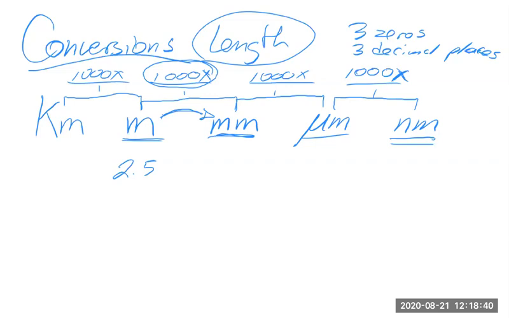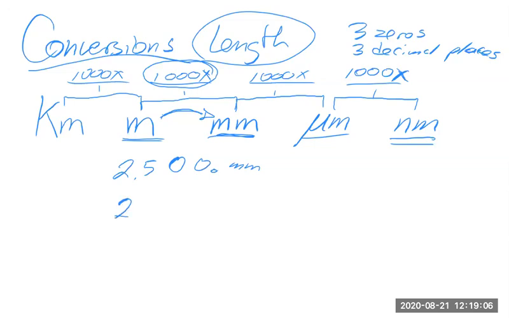So here's the decimal. I'm going to move it 1 time, 2 times, and add a 0 to hold the decimal in place. And then I'm going to move it a 3rd time, and I'm going to stop. Okay, and so what's my new number? It's now 2,500. 2,500 what? 2,500 millimeters.